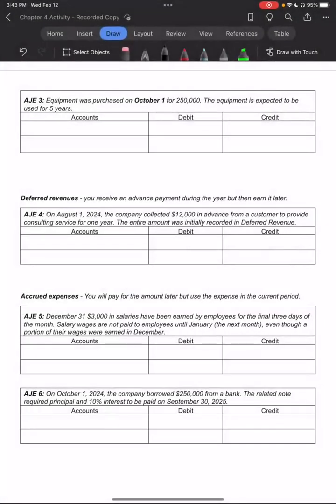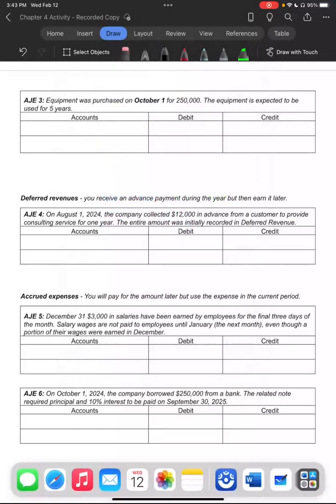So again, go to the lecture videos and watch that, but I'm going to walk through this with you really quickly. So what we've got here is it tells us that we purchased equipment on October 1st for $250,000. The equipment is expected to be used for 5 years. What we see here are a couple of fairly important pieces of information. Okay, the first one is what I would tell you is the date of purchase.